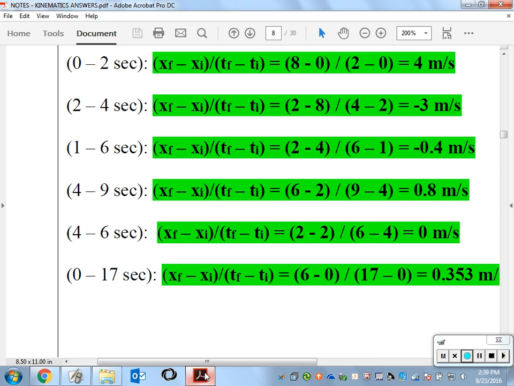Just give a second to do quick checks. So just to recap, we could take a look at any position versus time graph, any 2 data points on there, and we can figure out what the average velocity would be for that duration of time. Are we good with checking this? Okay.